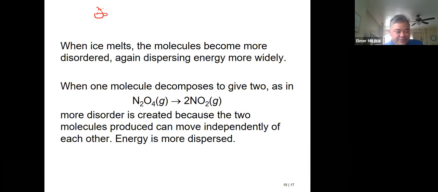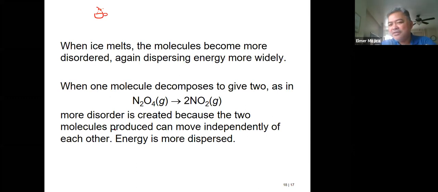When the ice melts, the molecules become more disordered, again dispersing the energy more widely. Now, when one molecule decomposes to give two, as in N2O4 producing 2NO2, more disorder is created because the two molecules produced can move independently of each other.